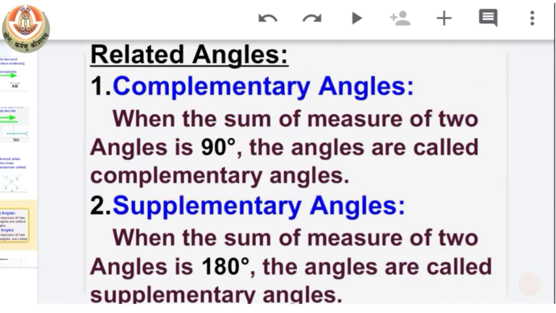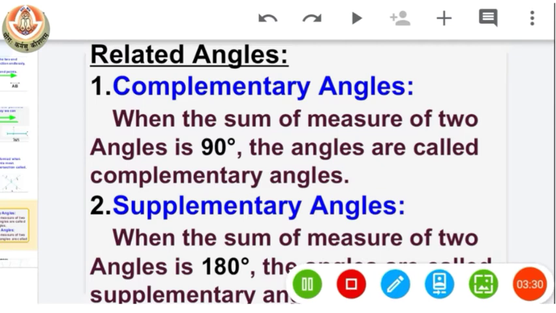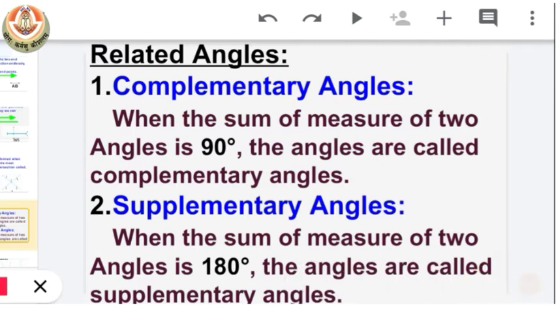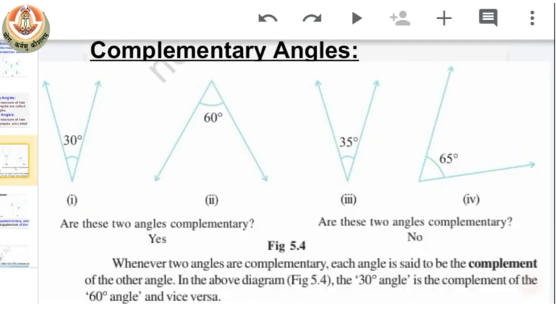Again, complementary angles means the sum of the measures of two angles is 90 degrees, and supplementary angles means the sum is 180 degrees. Don't get confused. Let's repeat one by one with examples.